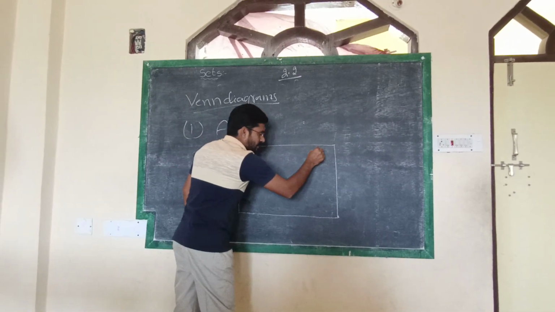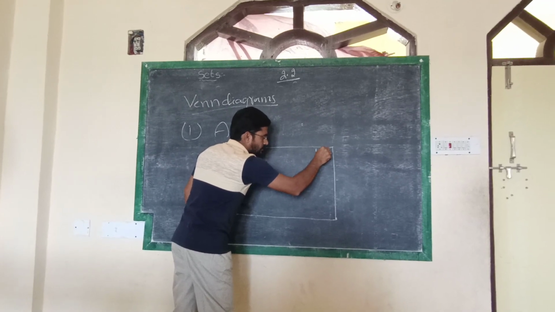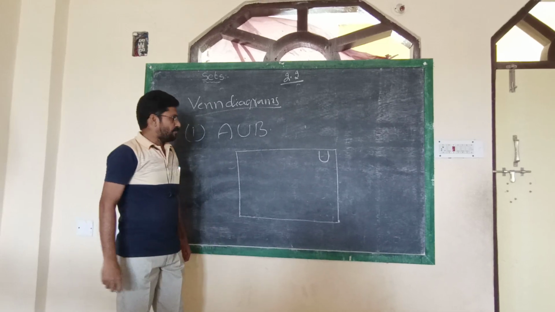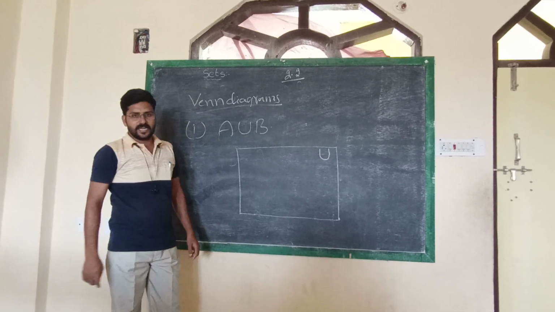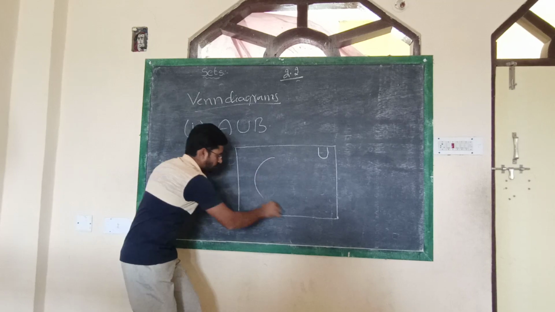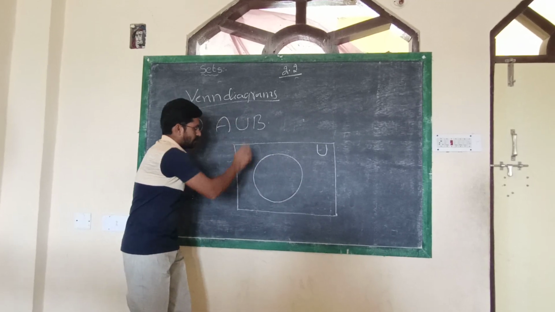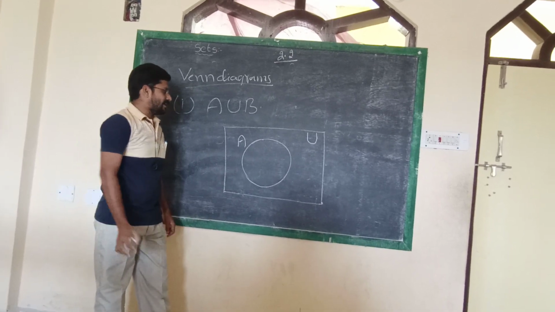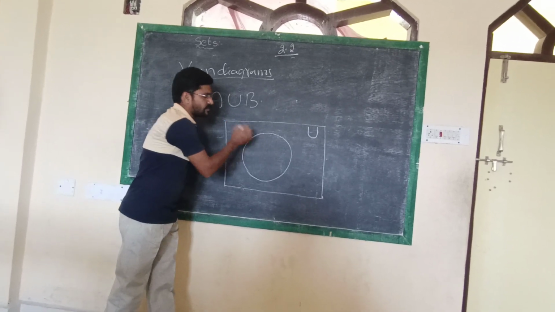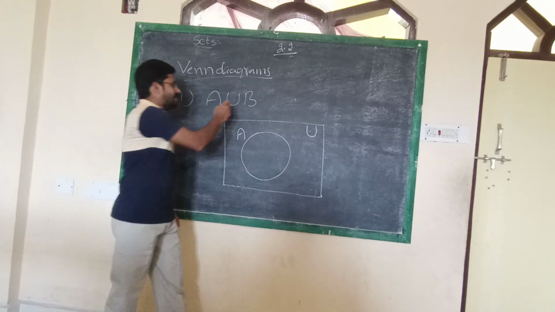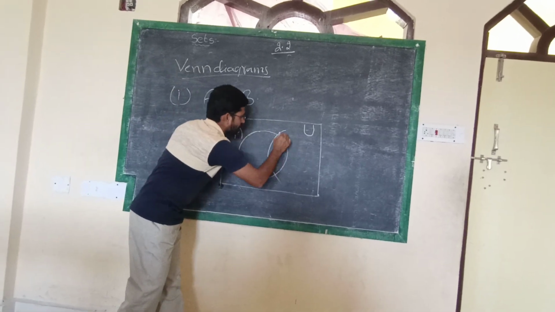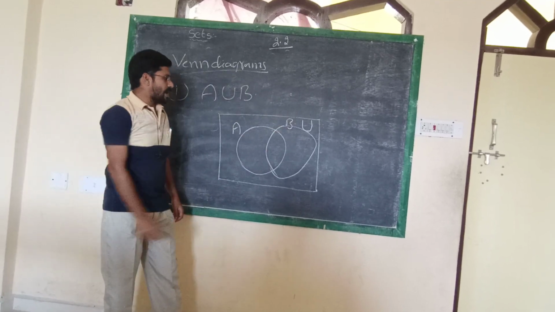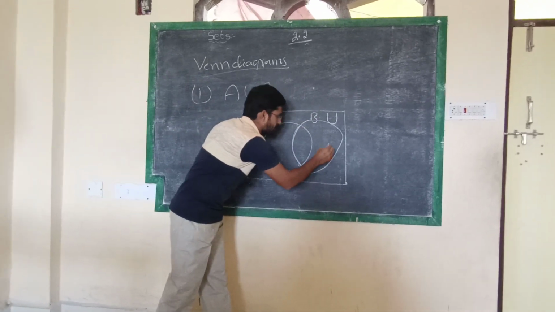So this you can represent with a capital U, or we can represent with mu also. Now take one set A. This is A. Means the information what is there in A completely we can mention in this set. Next one is B. This is B. A and B are the two different sets.